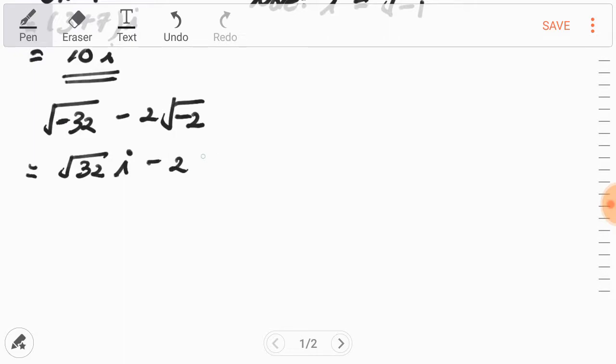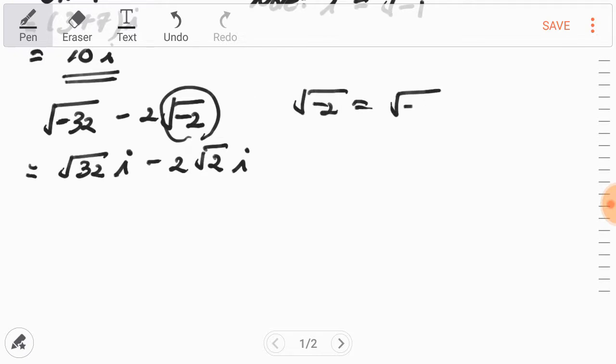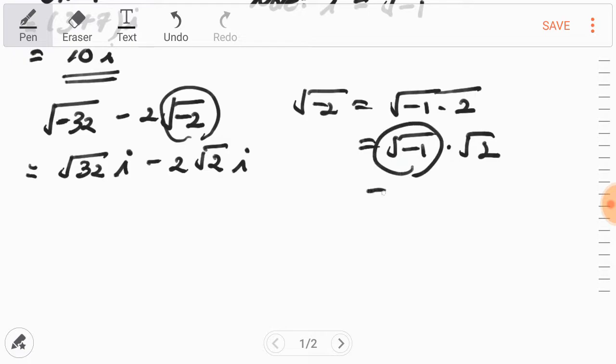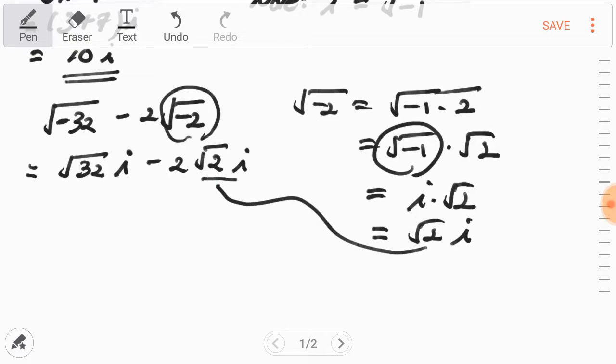Then negative 2 times square root of 2 times i, because this part is the square root of negative 1 times 2, then the square root of negative 1 times the square root of 2, and the square root of negative 1 becomes the imaginary unit i.